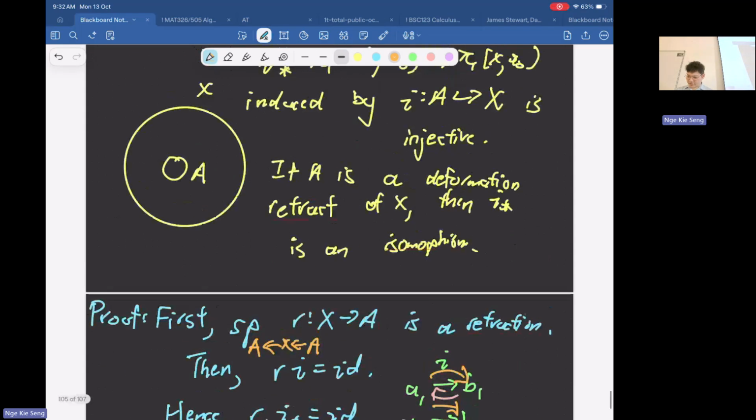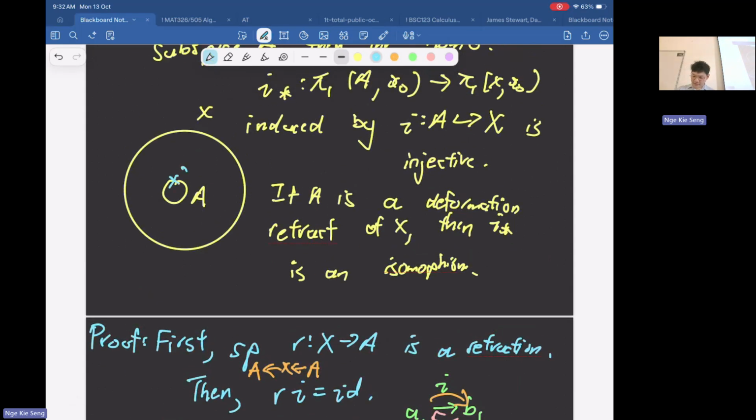So in this picture, how should you imagine it? Maybe here is your x0, and your path maybe looks like this. Then using this deformation retract, maybe you retract. Is this the way to retract?